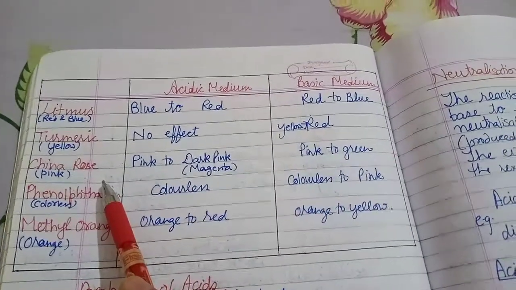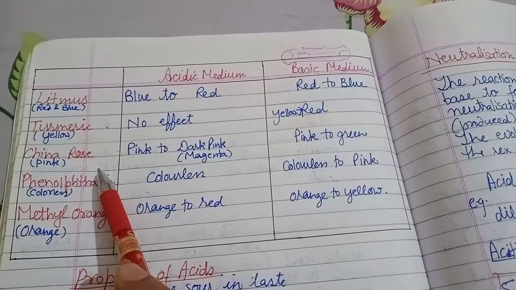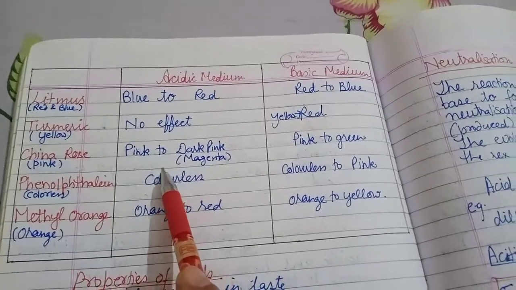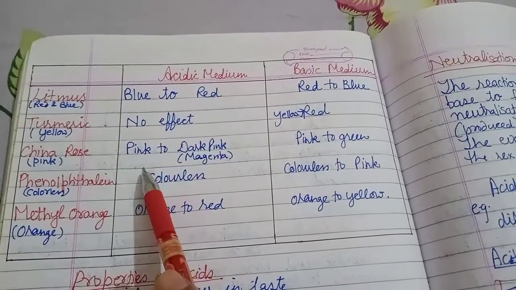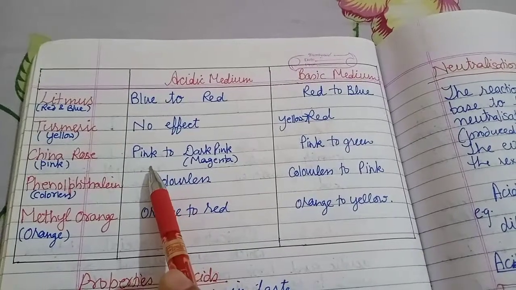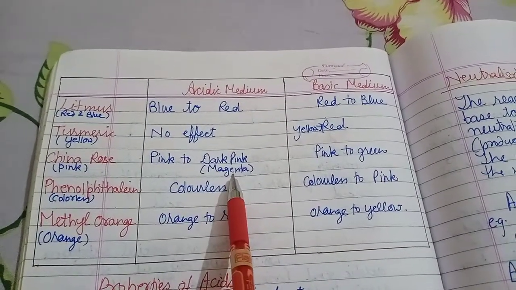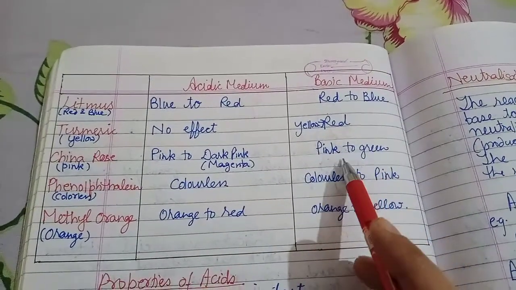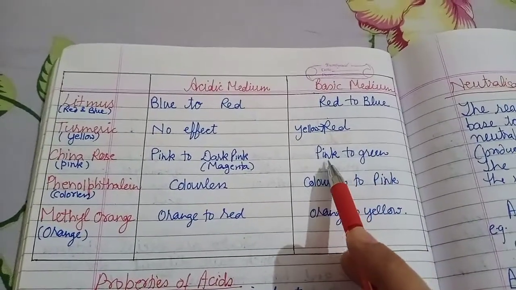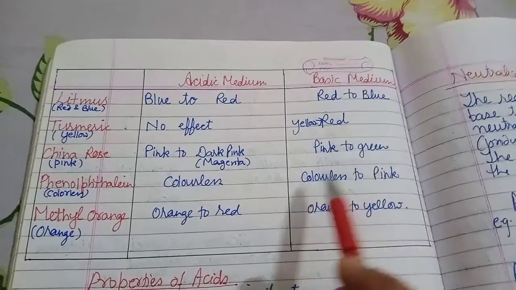Third, China rose, which is pink in color. In acidic medium, the China rose changes its color from pink to dark pink, that is magenta. And in basic medium, it changes from pink to green.